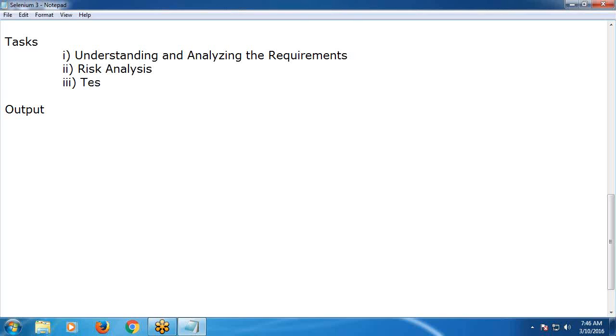Our test lead implements the functional test strategy for our project. Suppose for another project, functional testing, performance testing and usability testing. The test lead implements the functional testing strategy and the performance testing strategy, how to conduct performance testing, etc. Test strategy implementation.